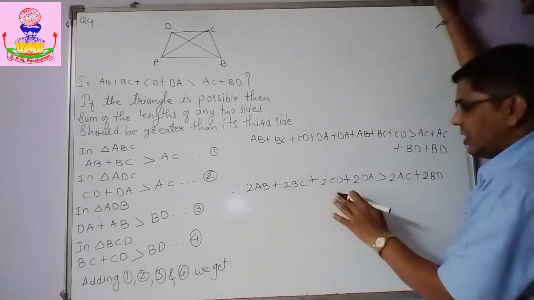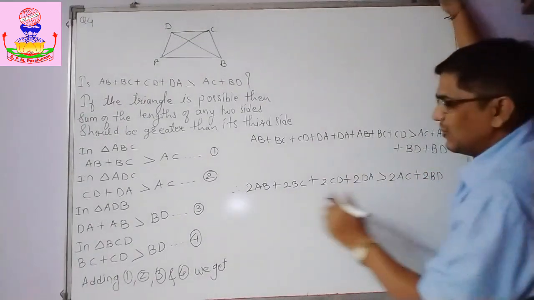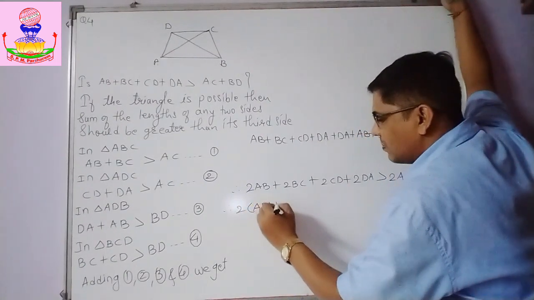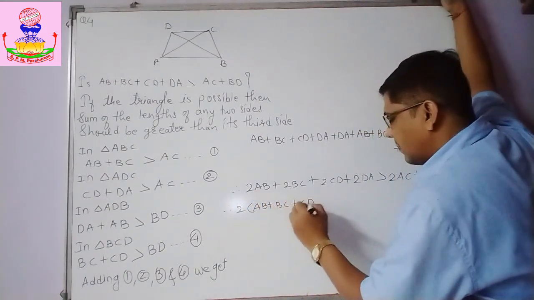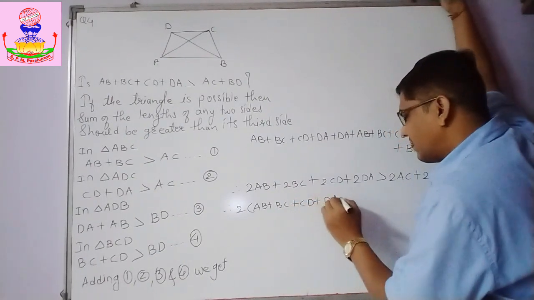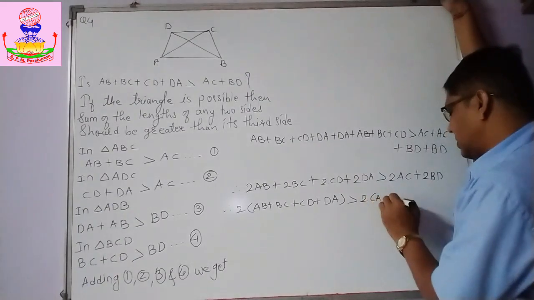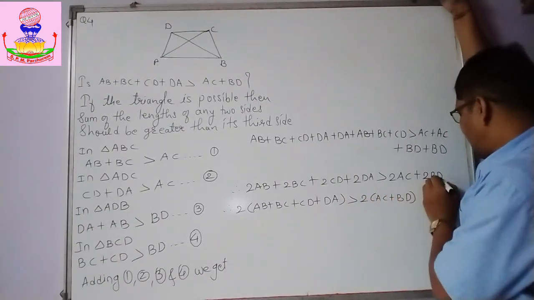So what is common here? 2, and here 2. So I can have 2 in bracket AB plus BC plus CD plus DA greater than 2 in bracket AC plus BD.